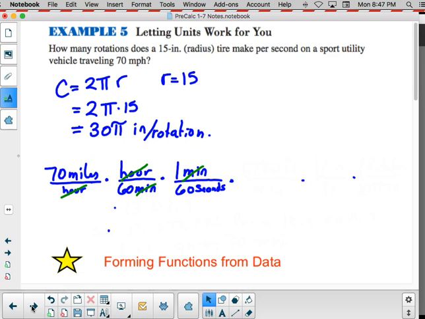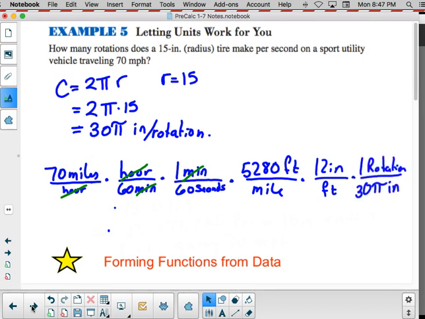So I'm going to take miles, and there are 5,280 feet in 1 mile, so miles on the bottom, okay? And there are 12 inches per foot, so feet are on the bottom. And now I know that I have my 1 rotation is 30 pi inches, okay?